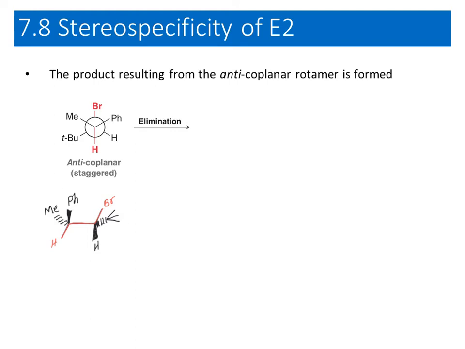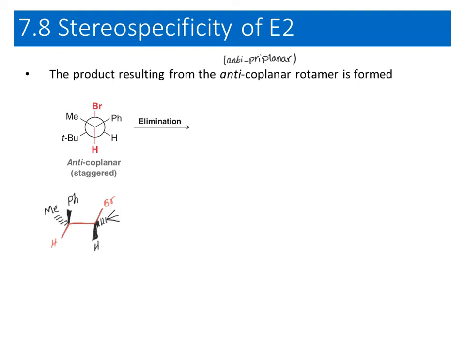Sometimes you may see the word anti-periplanar, so it's the same thing. This is the only conformation that can react, and I drew the conformation right here. This is the anti-coplanar conformation, and here is its Newman projection.